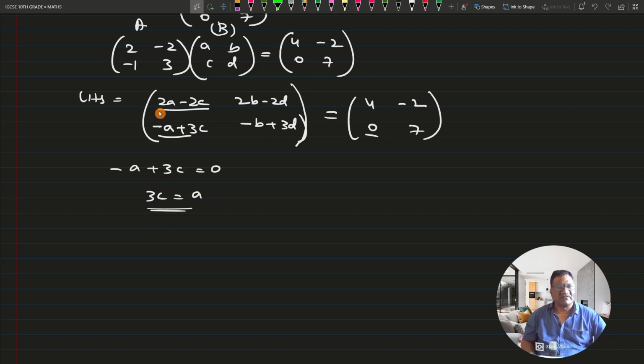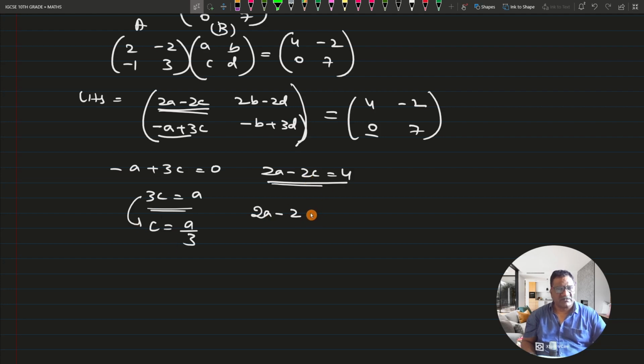Now from here what I'm getting is 2a minus 2c is equal to 4. Okay, so that is what I'm getting from here. Now here using this, okay, let us try to find out if we can find out something. So this is 2a minus 2 into, here c can be written as a upon 3, isn't it? C can be written as a upon 3.